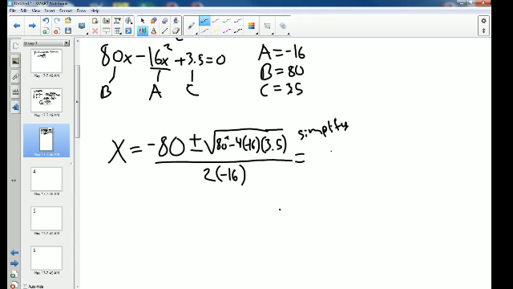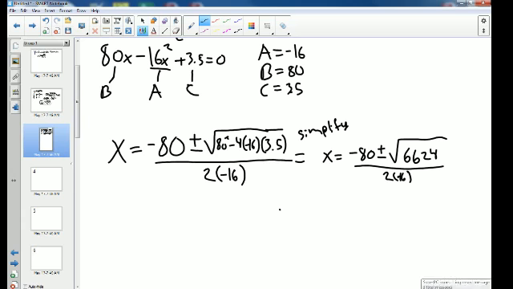Which is going to come down to x equals negative 80 plus or minus the square root of 6,624, all over negative 32.